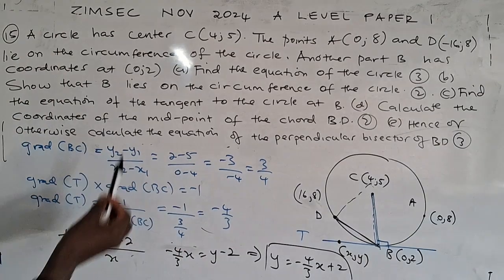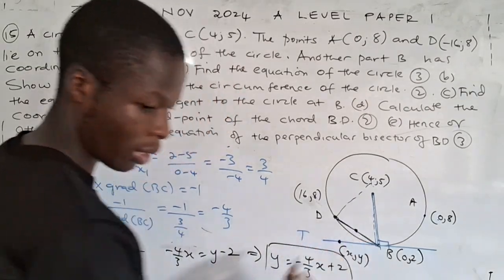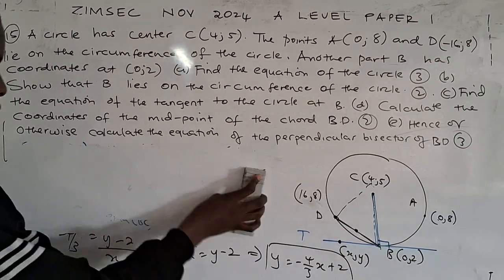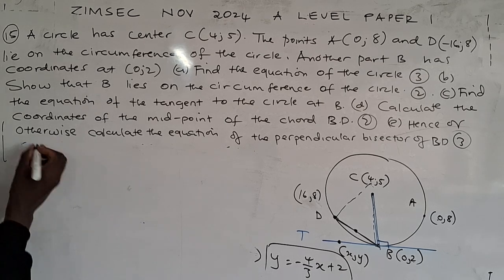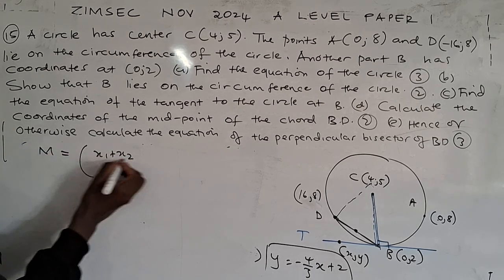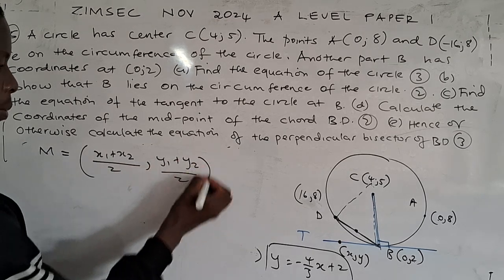Now I want to find the coordinates of the midpoint. You want to find this coordinate. How to find these coordinates? The midpoint is given by x1 plus x2 divided by 2, y1 plus y2 divided by 2.